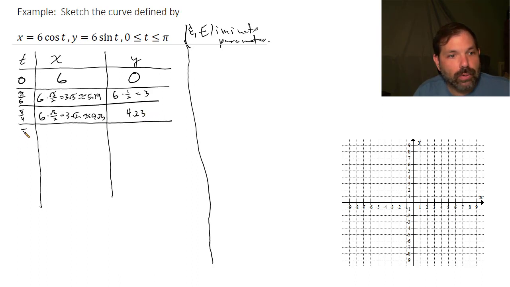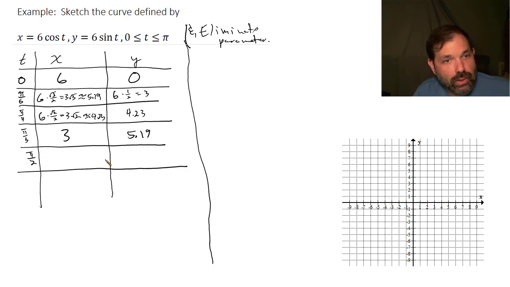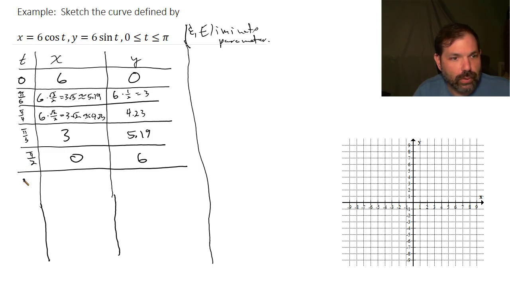And then at pi over 3, the sine and cosine are reversed, not inversed. And so this would be 3 and 5.19. At pi over 2, the cosine is 0 and the sine is 1, so this would give me 0, 6. And then as we move over into quadrant 2, as theta continues to increase, 2 pi over 3. Now the cosine is negative, the sine is still positive.